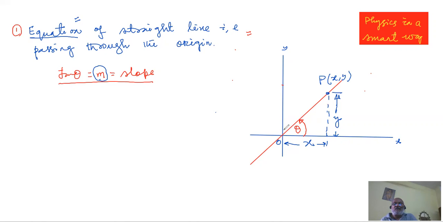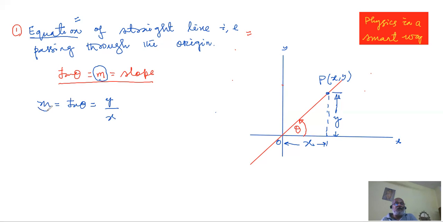If I consider trigonometry, and if you take tan of this angle, we know slope is tan theta. And tan theta, from our school level, we know is perpendicular by base of the right angle triangle. We know perpendicular is y and base is nothing but x.